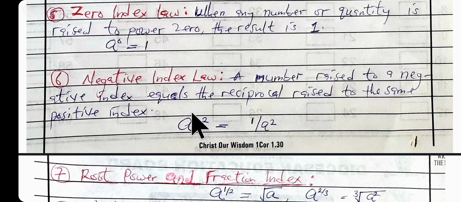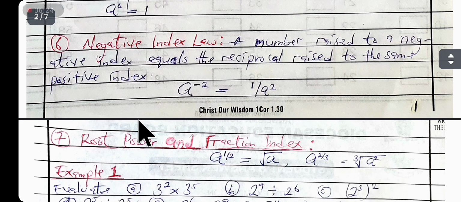A raised to power of minus 2 is the same thing as finding the reciprocal of this setup, and then the power will become positive. 1 all over a raised to power 2, instead of a raised to power negative 2. What clears this minus is 1 all over, and we call it the reciprocal. So it's the negative index law.